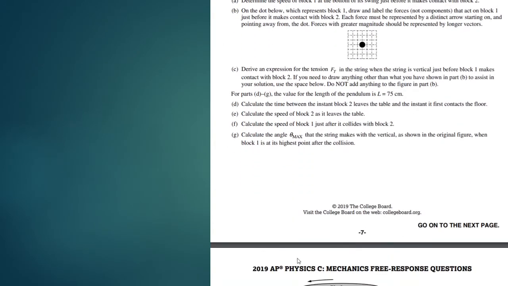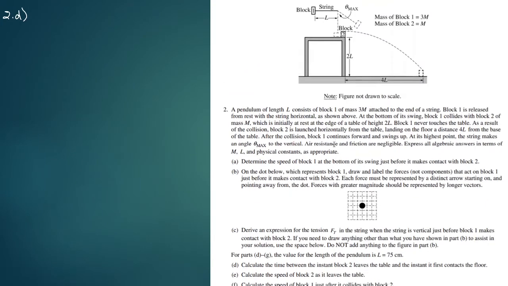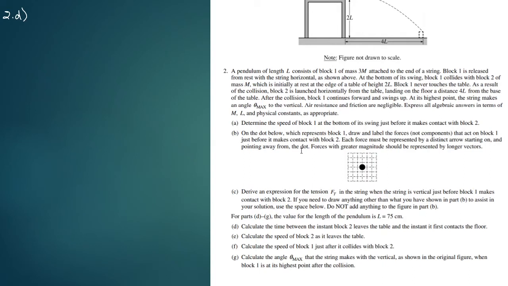Alright, so moving on for part 2D. It says calculate the time between the instant block 2 leaves the table and the instant it first contacts the floor. Alright, so what we know, so we know that it follows something that we've seen in terms of projectile motion, right?